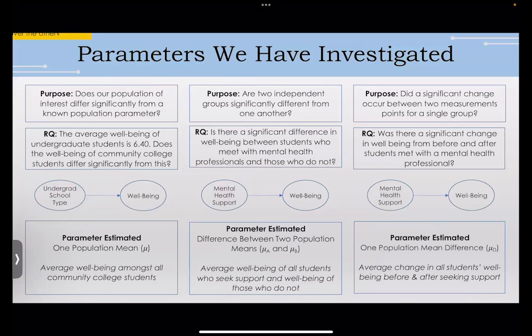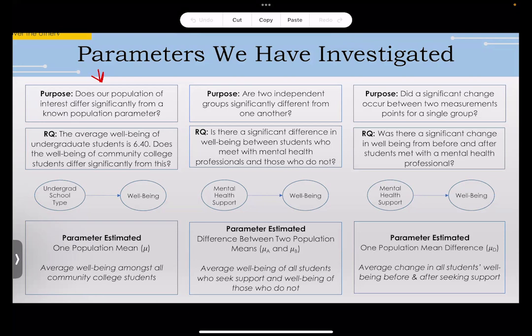So we have looked at a few different parameters out in the population. And I wanted these to go one by one. They didn't. So we're going to start here, right? The first thing that we've looked at is we've wanted to know whether our population of interest is different from some known value. So we've had a value of the US average is 5. We want to know whether first graders read faster than this average, right?